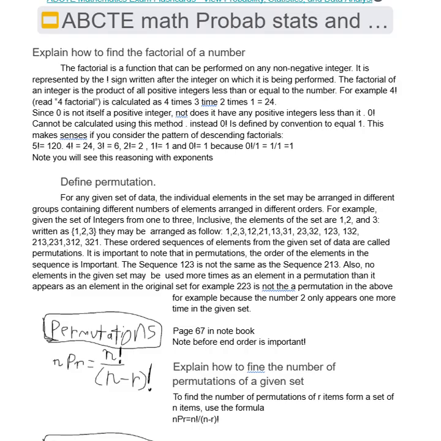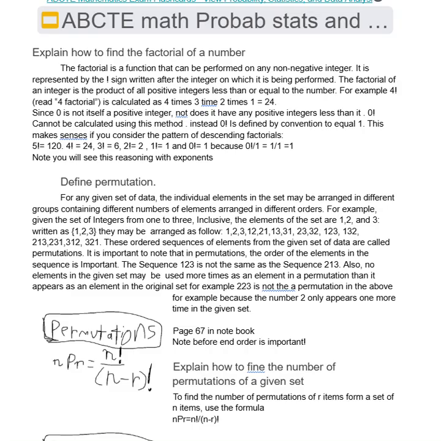It is important to note that in permutations, the order of the elements in the sequence is important. Very important. Remember that. The sequence 123 is not the same as the sequence 213. Also, no element in the given set may be used more times as an element in a permutation than it appears as an element in the original set.